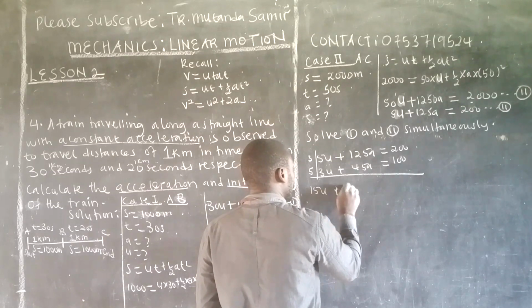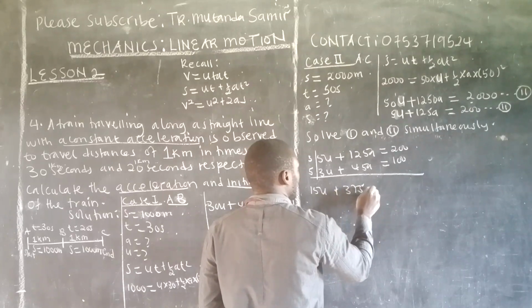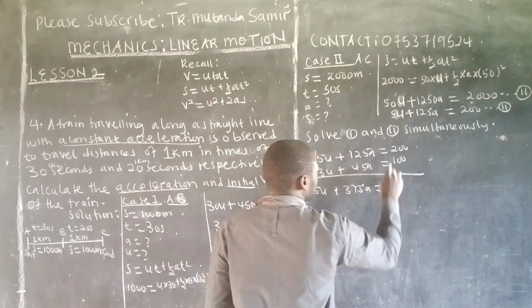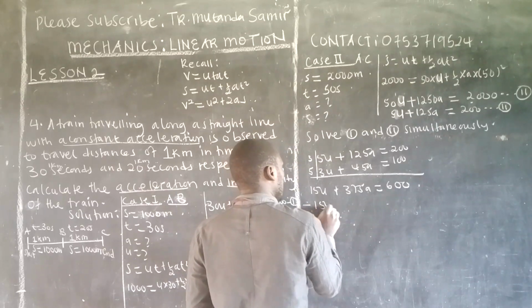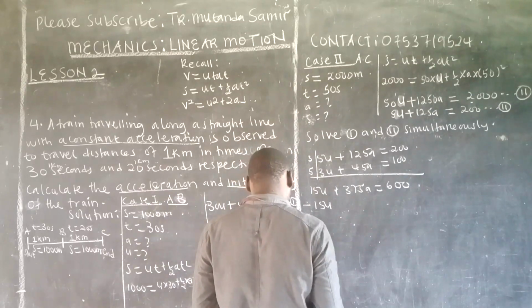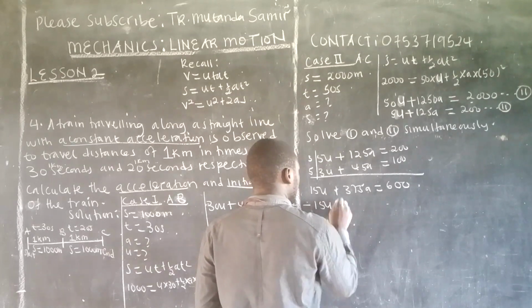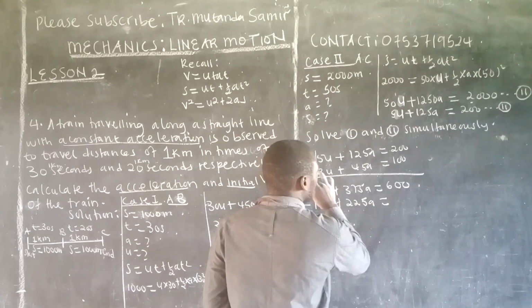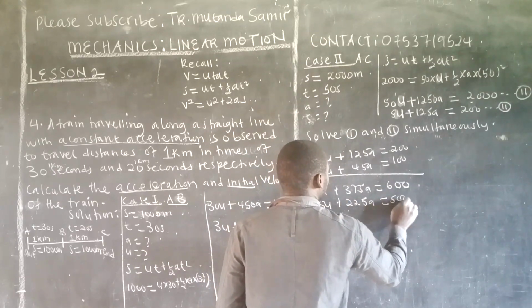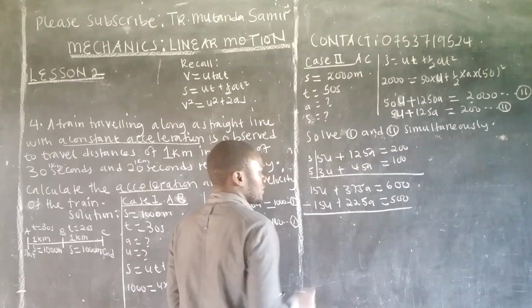So plus 375a is equal to 3 times this, which will give us 600. We are going to subtract, remember, this will be 15u. 45 times 5 will give us plus 225a is equal to 5 times this, which will give us 500. All right, we are going to subtract.